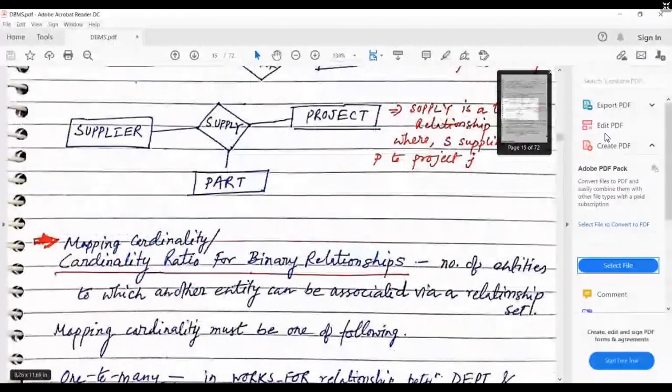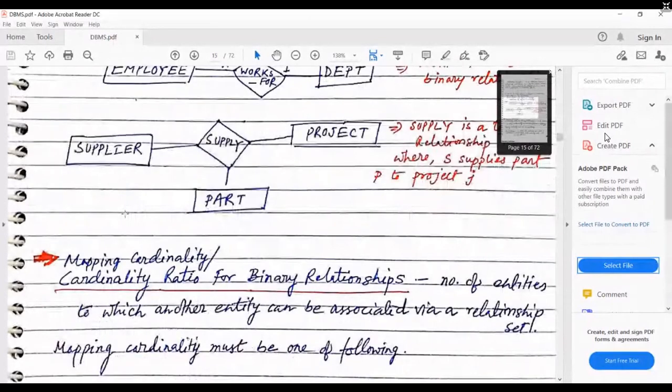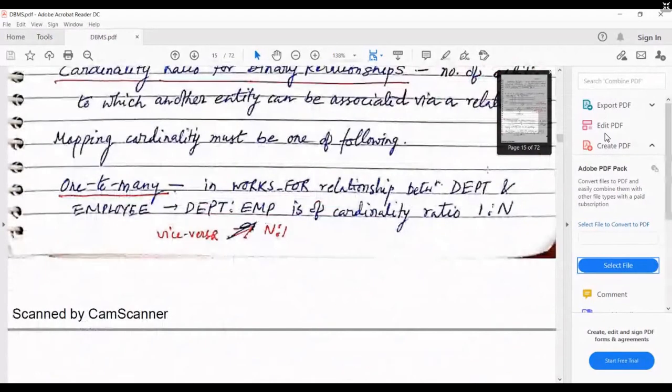For example, I am a teacher, so I am associated with 60 students of electrical 1. So the cardinality ratio in this scenario between the teacher and student is, from my side it is 1, and from the other side it is 60, 1 is to 60.